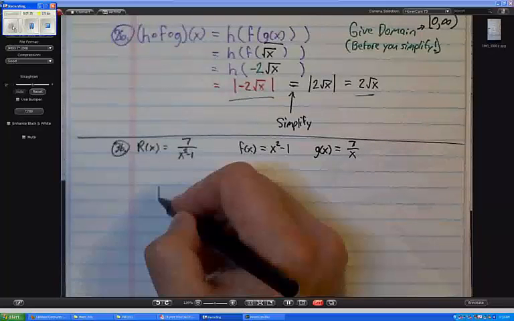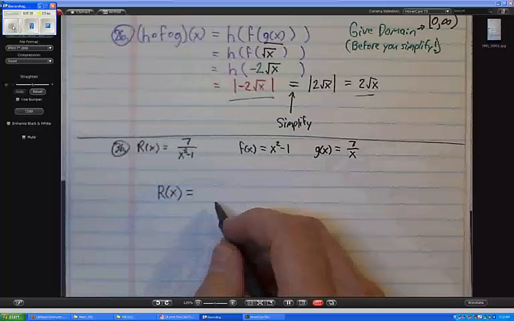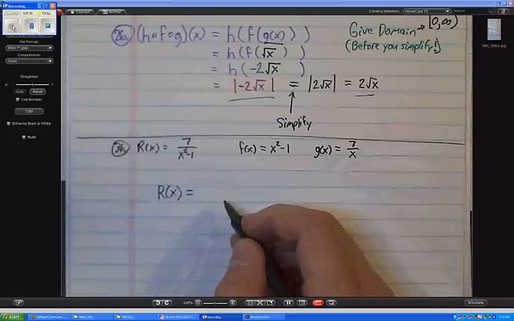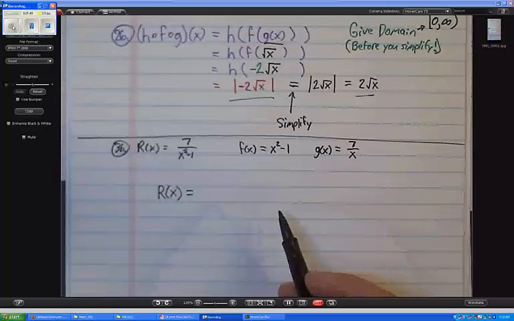If you do that, then another way to express the function r of x is to write it how? How do I put these two functions together, f and g, to get r of x?